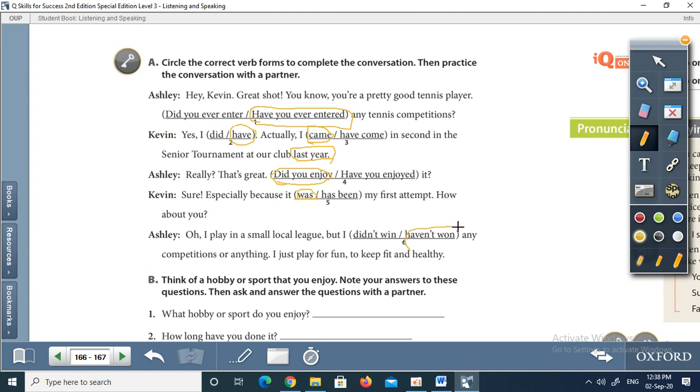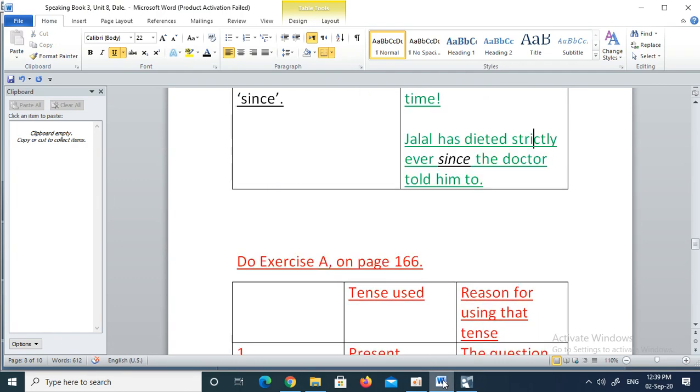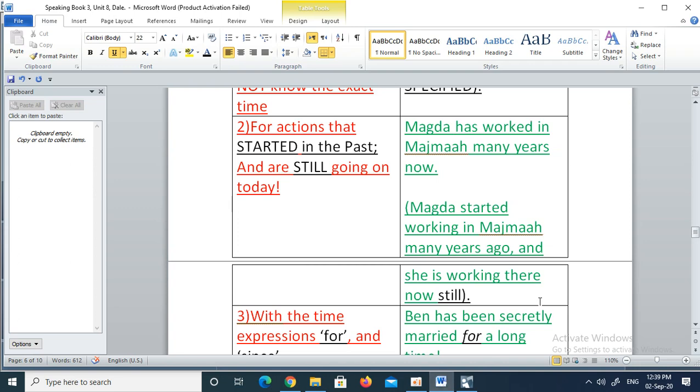Here the answer is present perfect, because Ashley is still playing in a small local league, and up to today he hasn't won anything. So we use present perfect for actions that started in the past but are carrying on until today. Remember that? Present perfect.